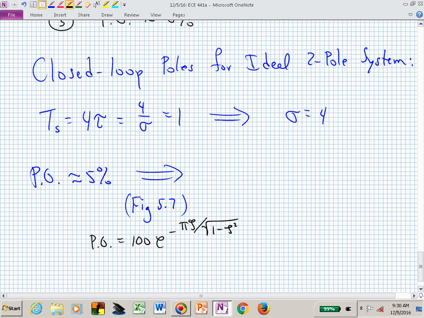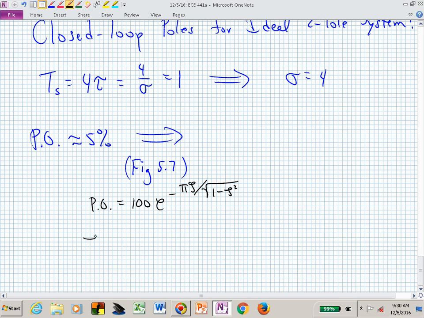That generates figure 5.7. So if you just needed to calculate that, you could plug in zeta once you know that from a 5%. But what's the zeta value for a 5% overshoot? I guess to get zeta we would need the other formula. Now we're really going to tax my recall.